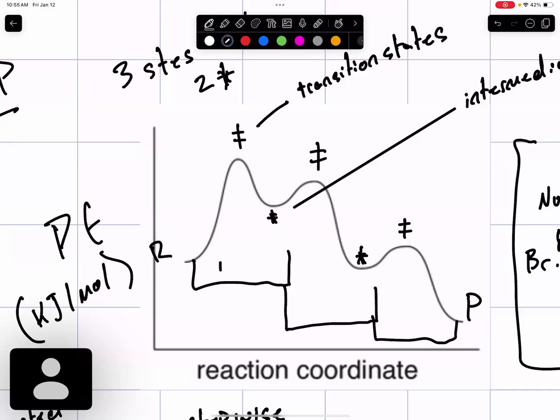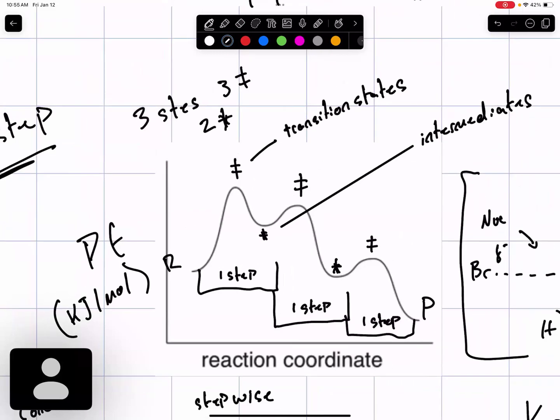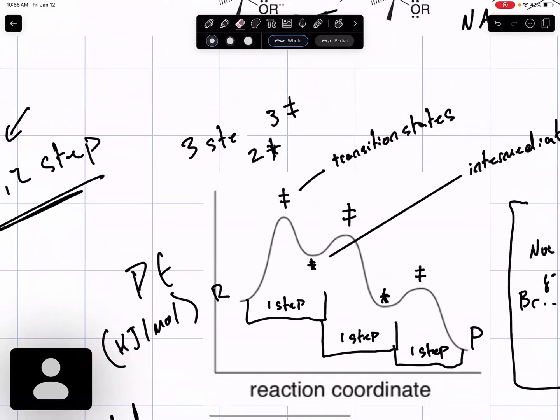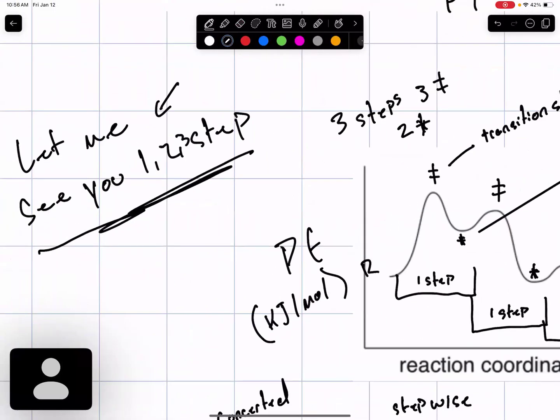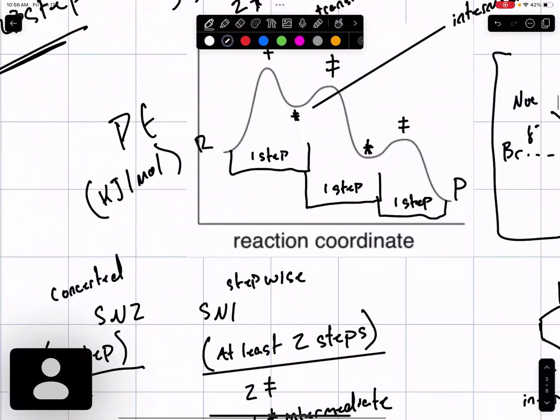So again, 1 step, 1 step, 1 step. So this has 3 steps, okay? So this should be called, let me see, 1, 2, 3 step, but doesn't matter. Okay, cool.